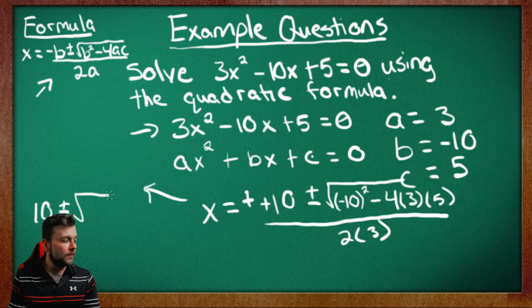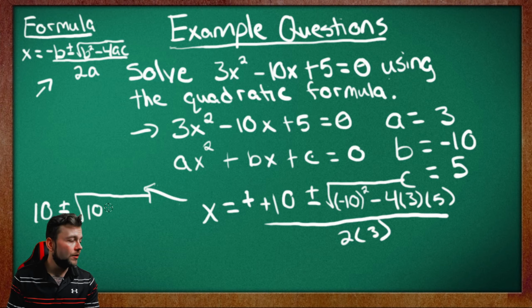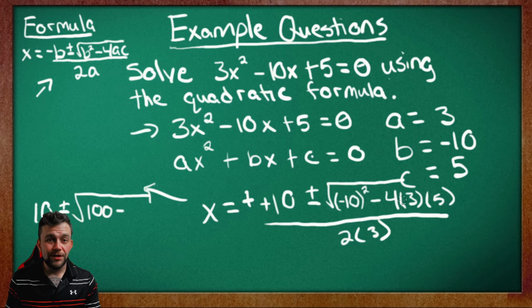So we have 10 plus or minus the square root of, and what is negative 10 times a negative 10? What is 10 times 10? But it's negative 10 times negative 10. The negatives cancel. So it is 100 minus, what is 4 times 3 times 5? So 4 times 3 is 12. 12 times 5, that's 60.